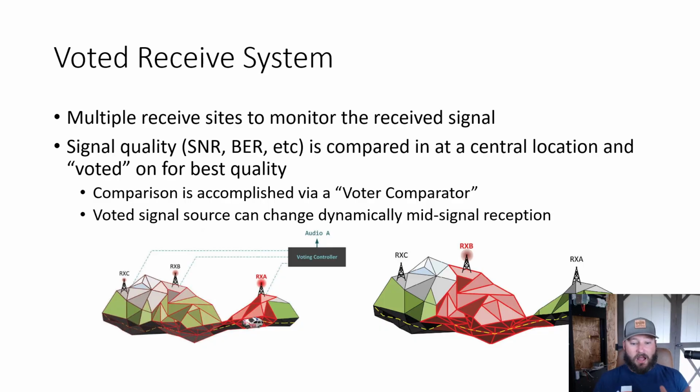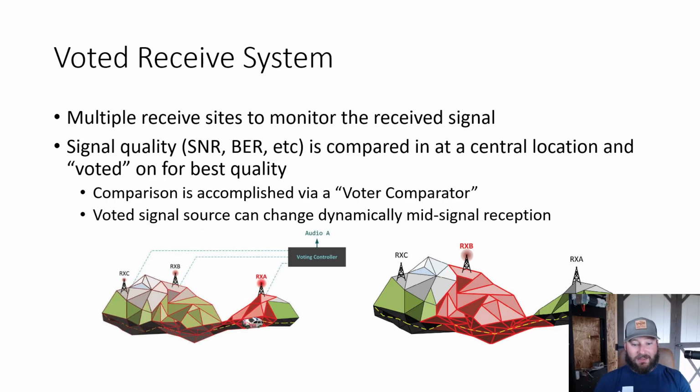Our next available option is what we call a voted receive system. Essentially, we have multiple locations where we have receivers all monitoring the same frequency, and then a central location where we have our transmitter. A signal quality check is performed on the incoming signal, whether that be signal to noise ratio, bit error rate, or whatever, and it's compared and then voted on for the best quality audio or signal.